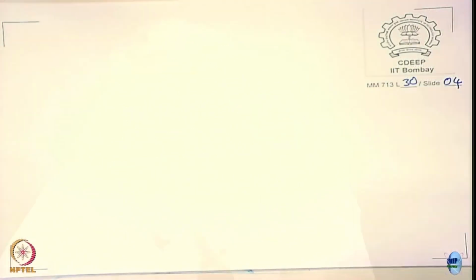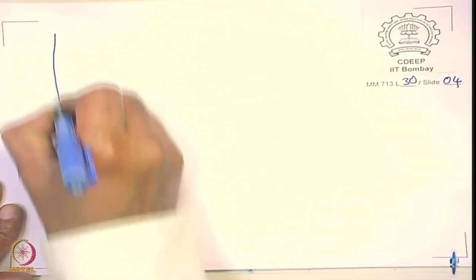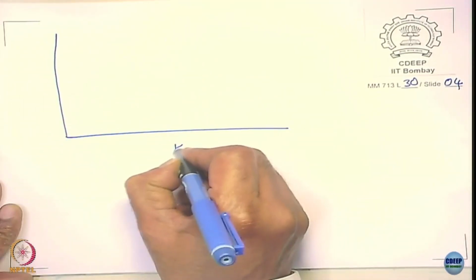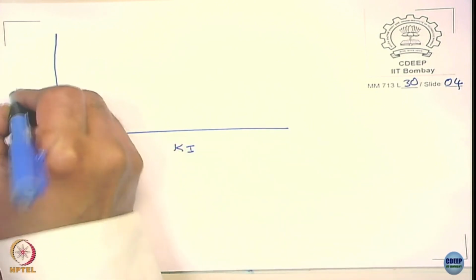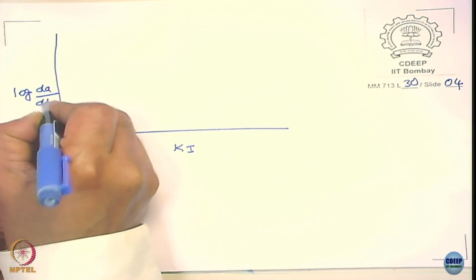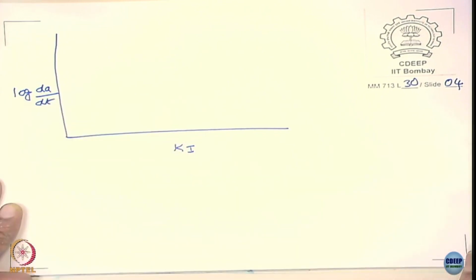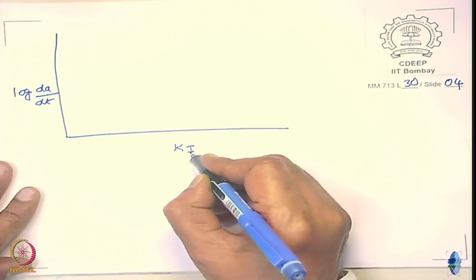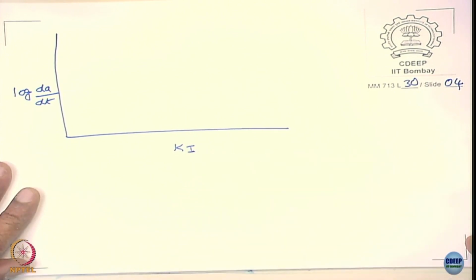If I carry out a test to measure the crack growth rate versus crack tip stress intensity, okay, so if I plot, a is the length of the crack, and so da/dt corresponds to crack growth rate, versus the crack tip stress intensity.